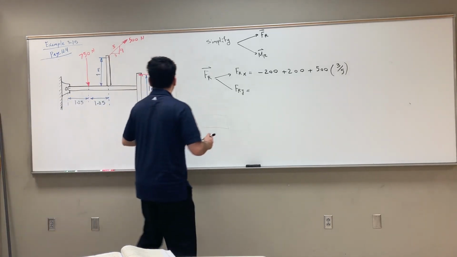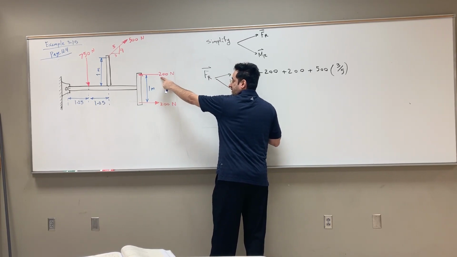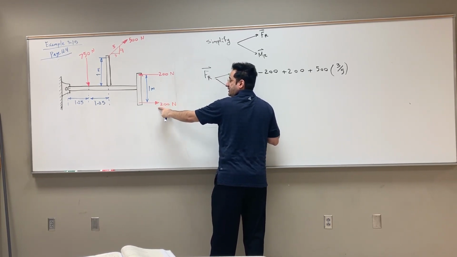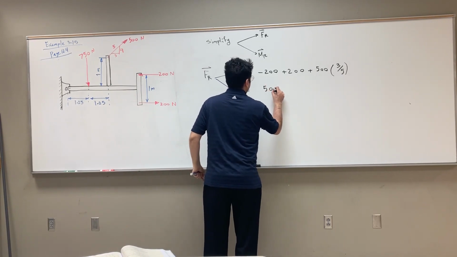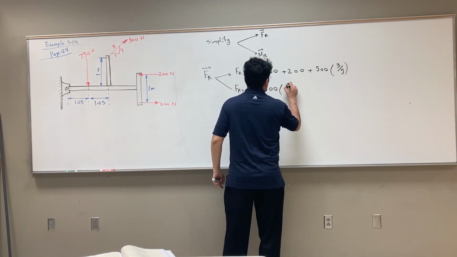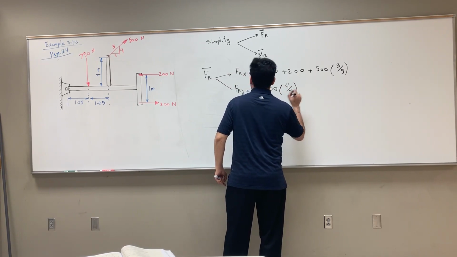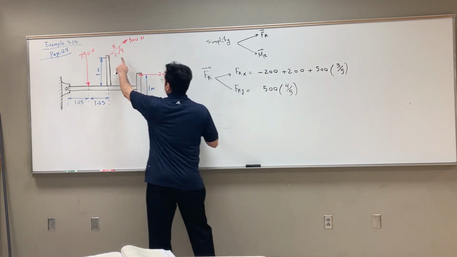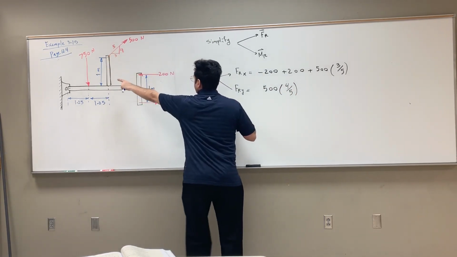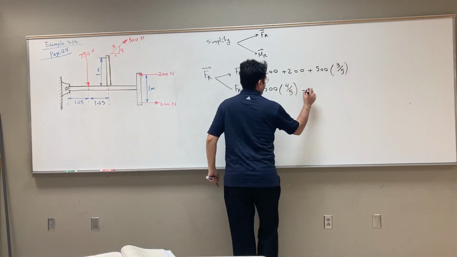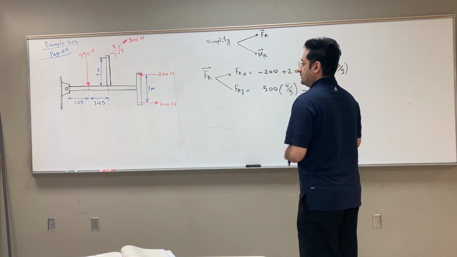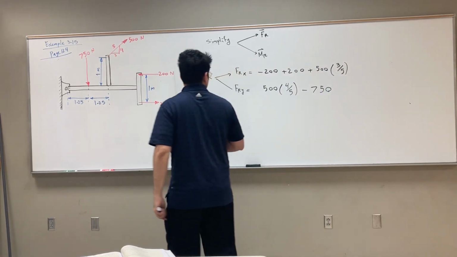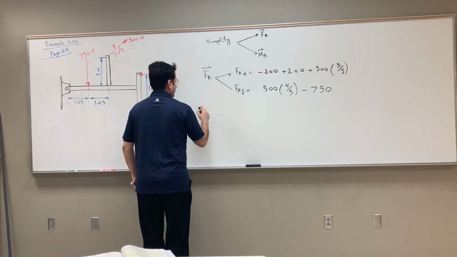Now for Y component. This one is 0. It doesn't have any contribution to Y. This one, positive 500, 4 over 5. Right? Positive. And that one, negative 750. Right? So I'm pretty much done for force.